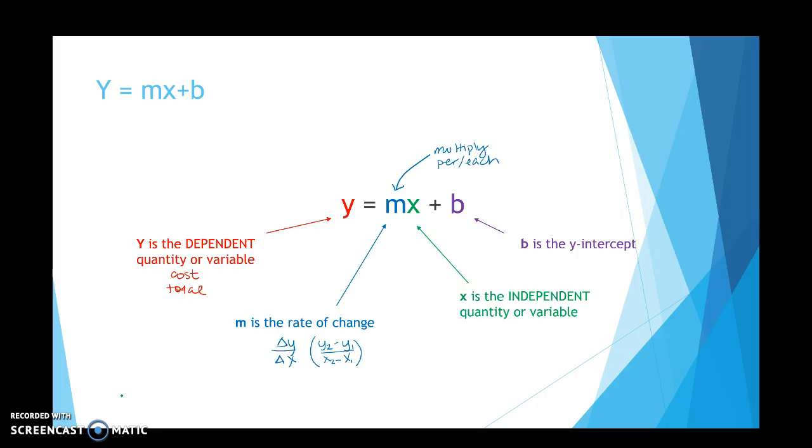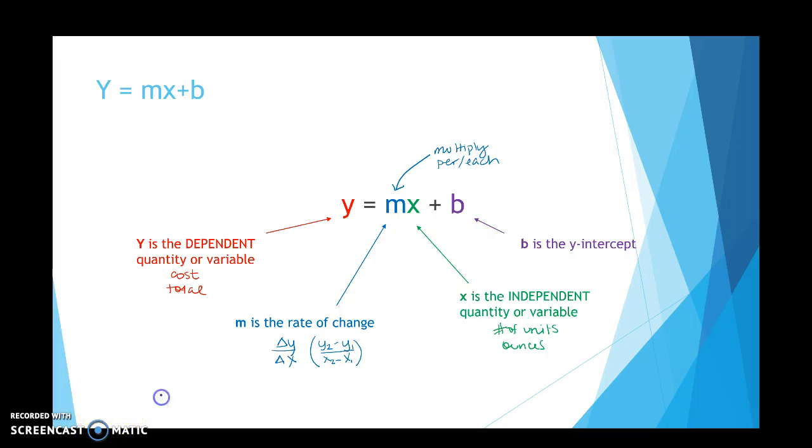So usually that's a number of units. It could be ounces, number of hours. It just depends on the situation. But it is the quantity that the dependent variable changes in relationship to.